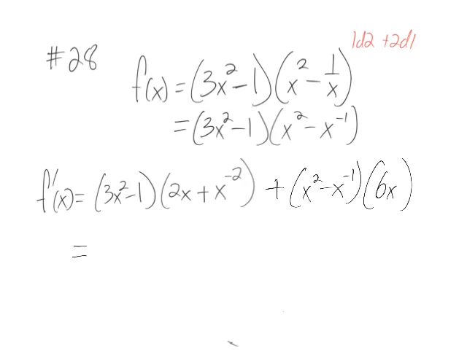So let's use FOIL on the first thing. That's going to give me 3x squared times 2x, and then 3x squared times the negative 2, times the x to the negative 2, forgive me. The 2 and the negative 2 add out to 0, and that leaves me with just the 3. And then we've got negative 1 times 2x in the middle, negative 1 times x to the negative 2.